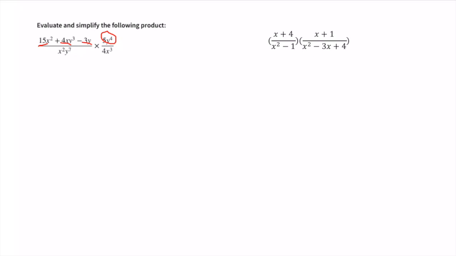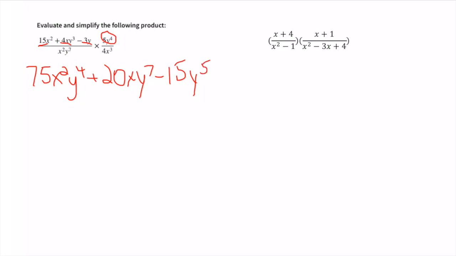Okay, so if I do that, I end up with 75 x squared y4, plus 20 x y to the 7, minus 15 y to the 5.